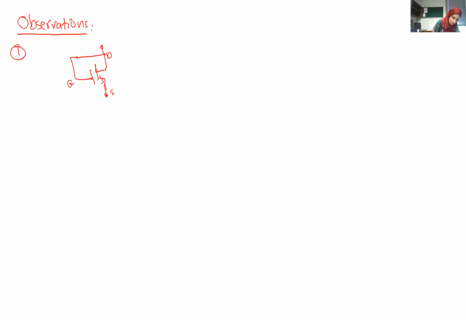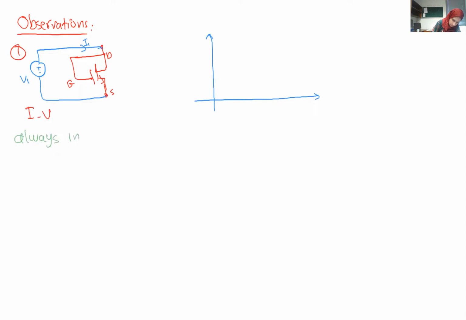And if we want to study the IV characteristics of this device, by applying a certain voltage V1 and measuring the output current I1 through this device, let's try to plot this. Obviously, we are interested in this device because it is also always in saturation if it is on.